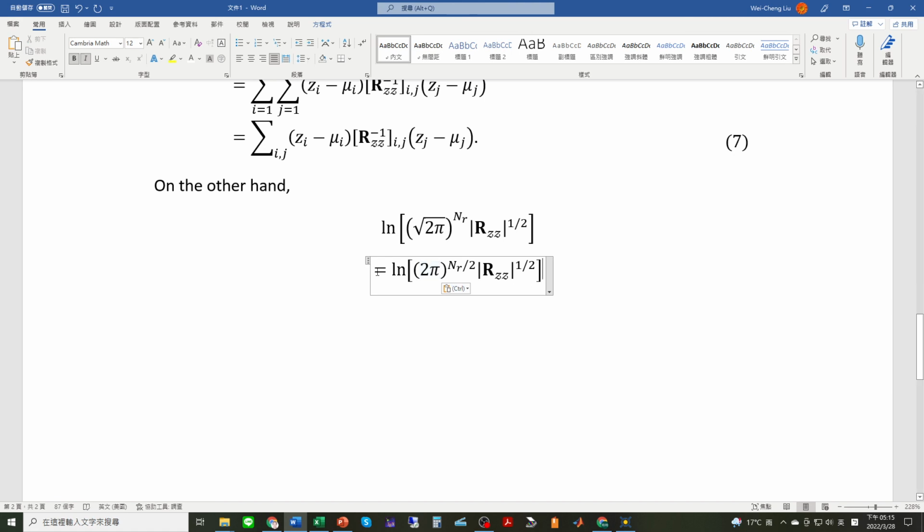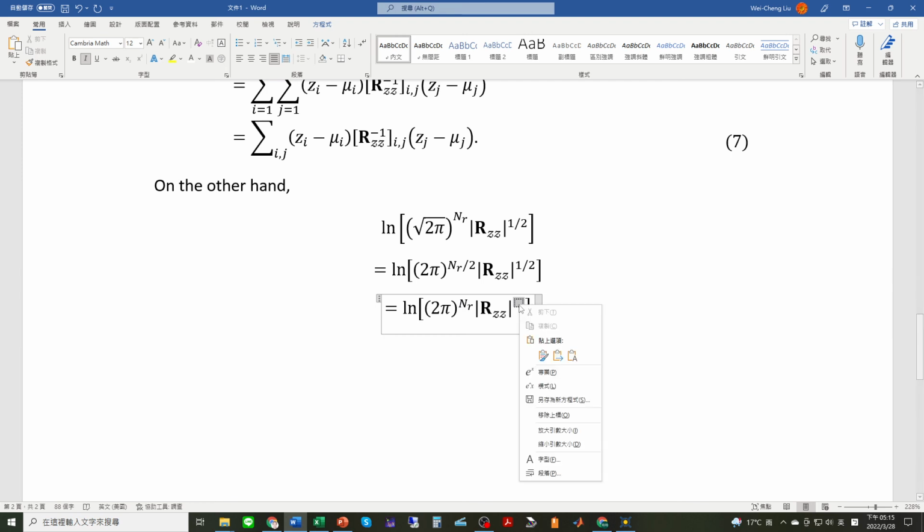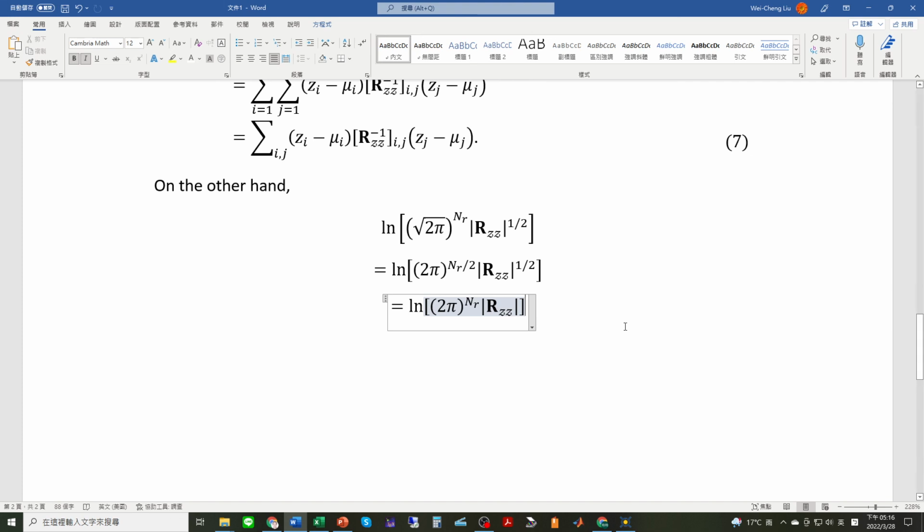Then next, let me delete the over 2 term, and I delete this term, or 1/2, and I delete the superscript, and I make this 1/2. Okay, good, like this.